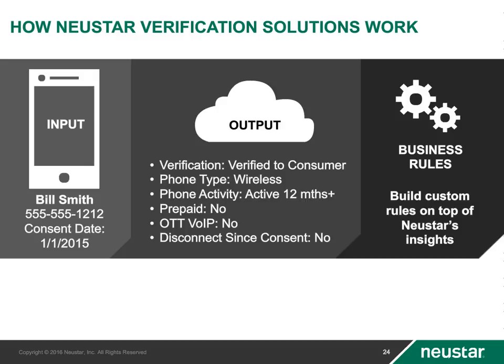So the way the solution works is we will receive from our clients an input such as a name, a phone number, and a consent date, or a last right party contact date, and we bring it back into our repository that's being updated and refreshed every single day continuously based on authoritative data sources so that we can help our clients to understand if the phone number and the name are still linked, to understand the current phone type, the outbound dialing activity level on that phone, whether or not it's a prepaid wireless phone, and then one of the most important pieces is tied back to that consent date that was provided.